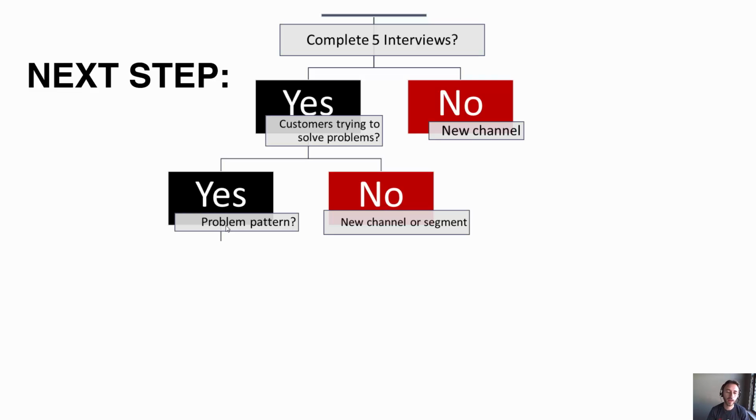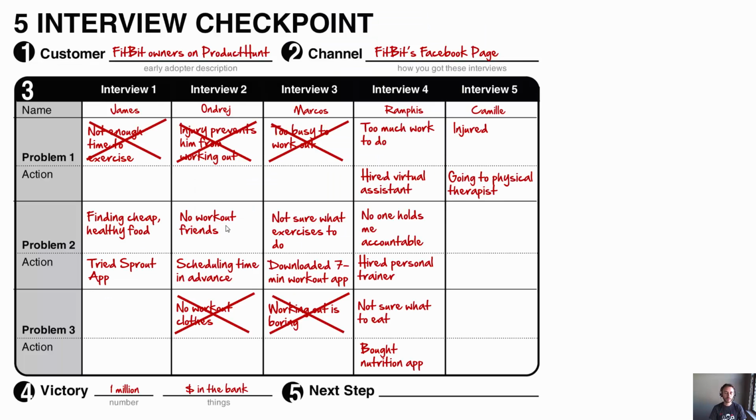So let's take a look at my segment here to answer this question. I'm going to circle the problems that people have in common, and I recommend you do the same. In this case, James says he's got a problem finding cheap and healthy food, and he's taken an action. He tried Sprout, a service that delivers food. So that's an action he's taking to solve this problem.